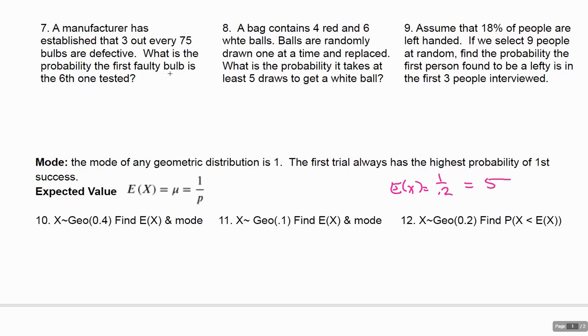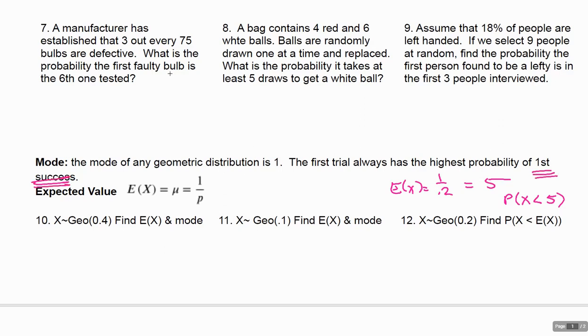Okay, now basically what they're saying is find the probability that x is less than 5. Now keep in mind, in a geometric distribution, what does that mean? That you can find whatever you need to find within 4 tries. But what am I looking for?